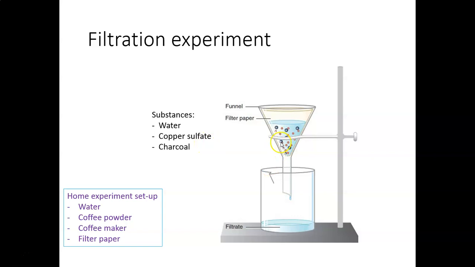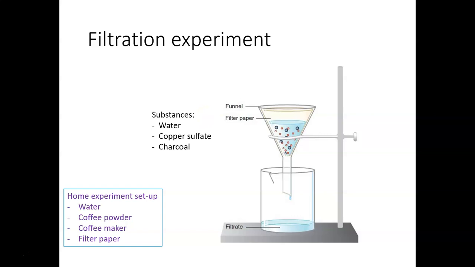We're going to set up a funnel. We're going to have a beaker to collect the fluid that filters through. A filter is going to be put in the funnel. What we are going to filter through the filter paper is a mixture with three things in it.